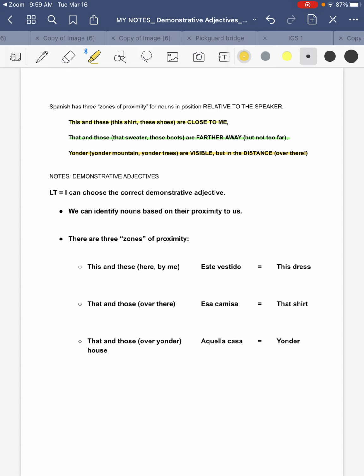A little farther away, they're over there. Again, we're going to see how these work in Spanish down at the bottom. Este vestido, masculine singular, this dress. Esa camisa, that shirt, feminine singular. Or another feminine singular. Yonder house, aquella casa. Yeah, that one over there, aquella casa.